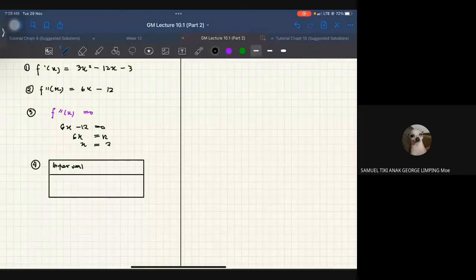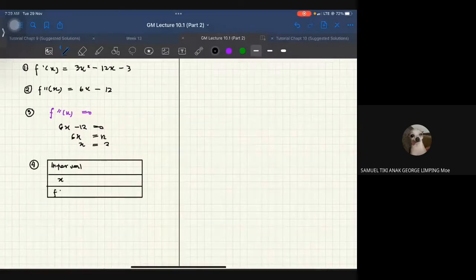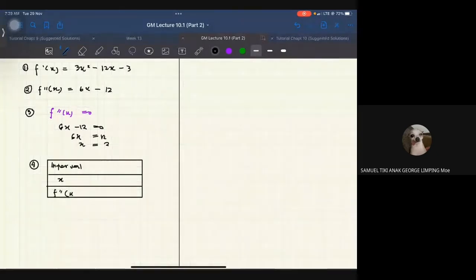Okay, and then the second one, apa yang saya akan tulis adalah test value, which is the value of x. Okay, and then last one yang saya akan tulis adalah f double prime. So yang ni tak perlu nak tulis shape. F double prime terus.